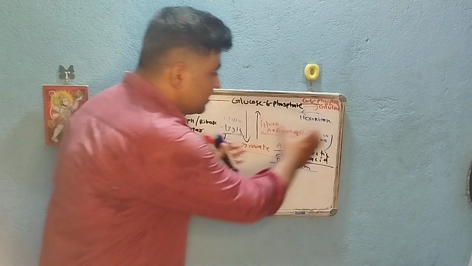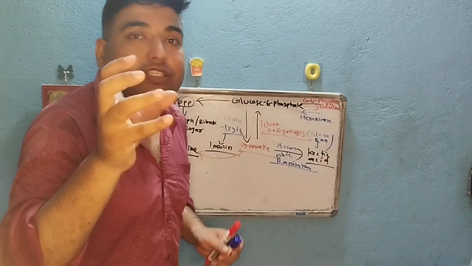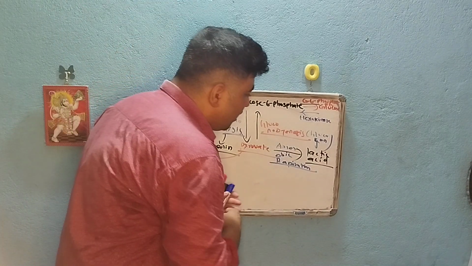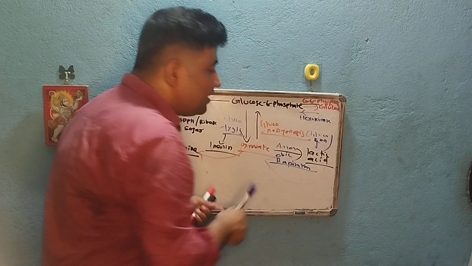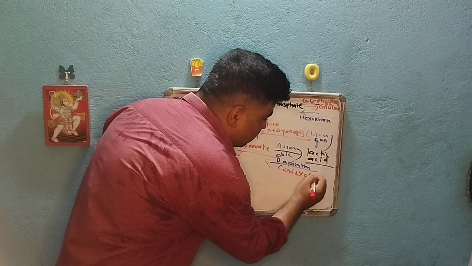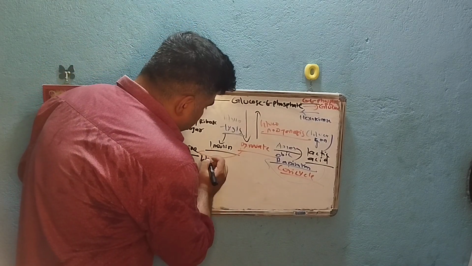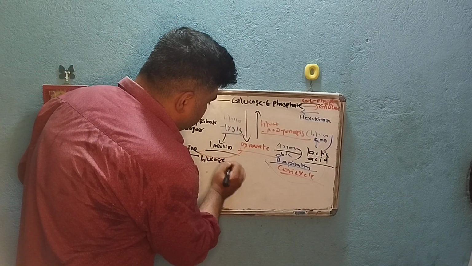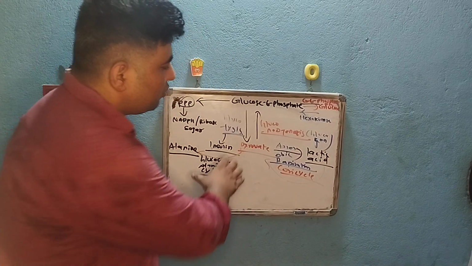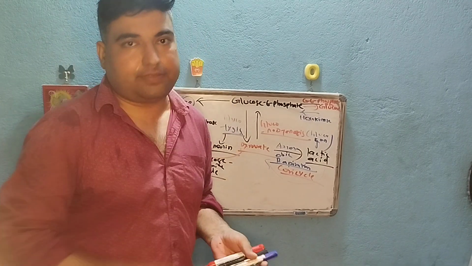Not only alanine, lactate or lactic acid is also a gluconeogenic source. The conversion of lactate to pyruvate and ultimately into glucose is called the Cori cycle, and this is the glucose alanine cycle. Both the Cori cycle and the glucose alanine cycle are part of gluconeogenesis.